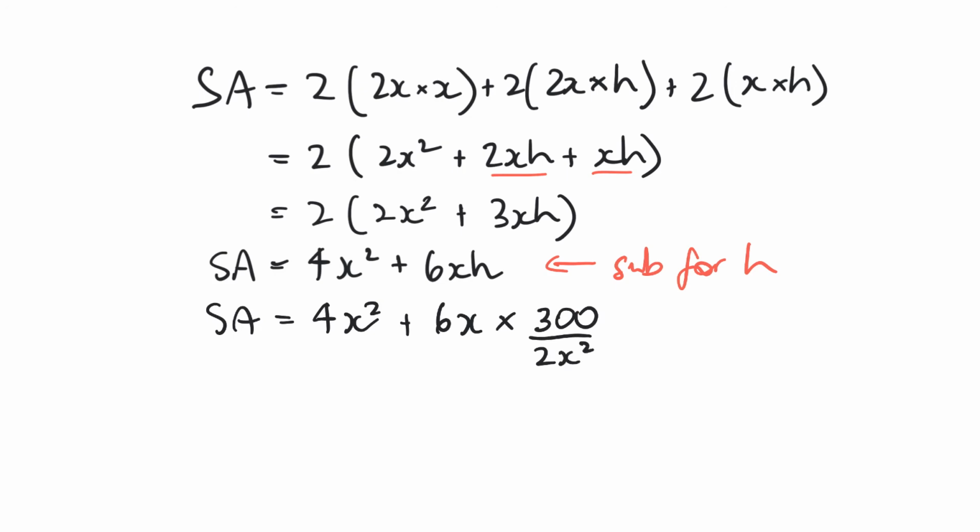Okay, so now we can just cancel a few things. Let's take some factors out there, take one lot of the x's out, and that's all we can do at this stage. So now let's see what we've got. We've got 4x squared, which looks exactly like the first part of the thing we had to show, plus 3 lots of 300, 900 over x. And there we have it.